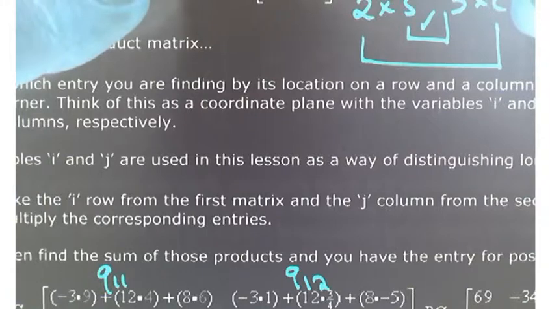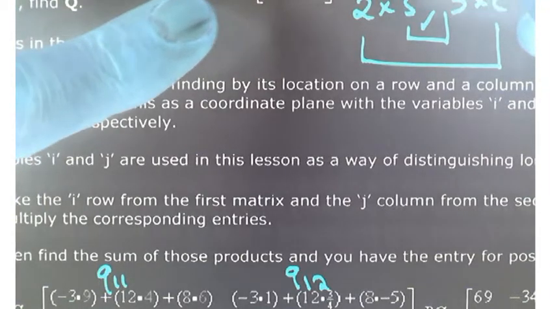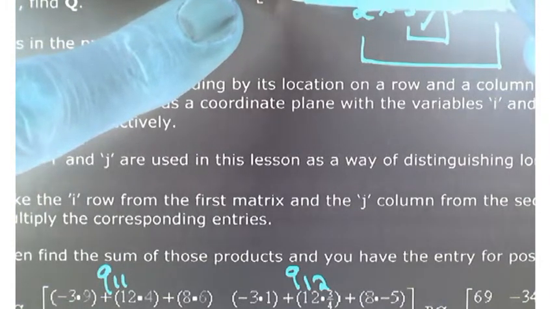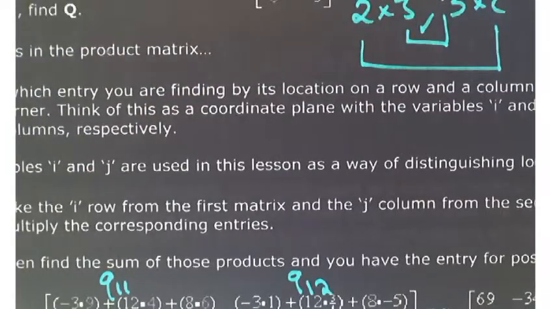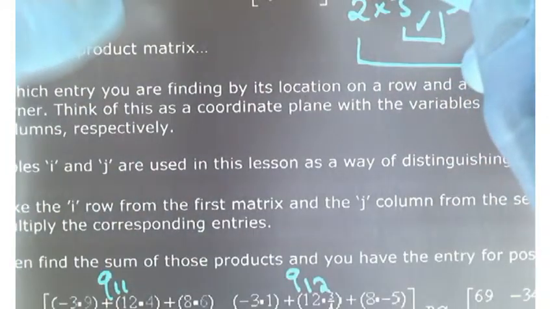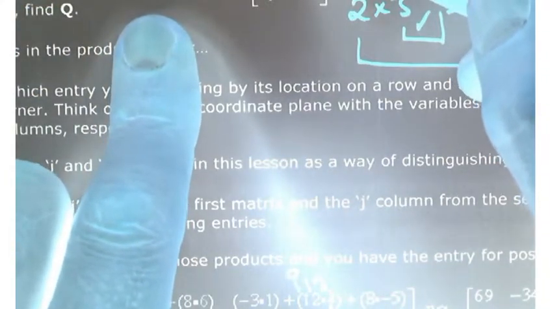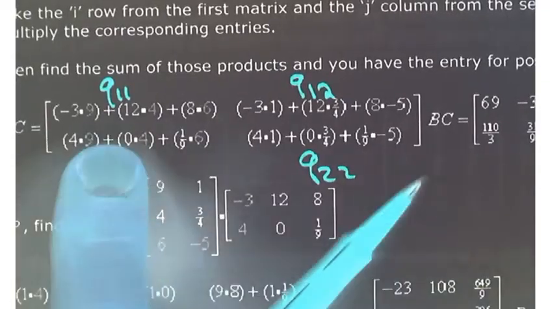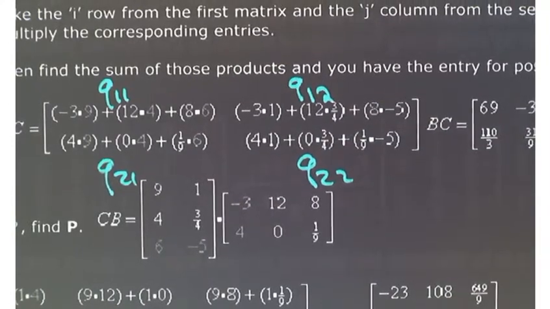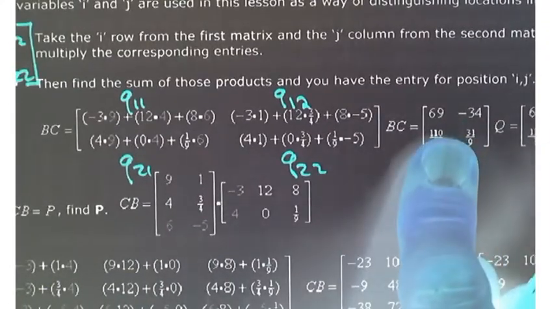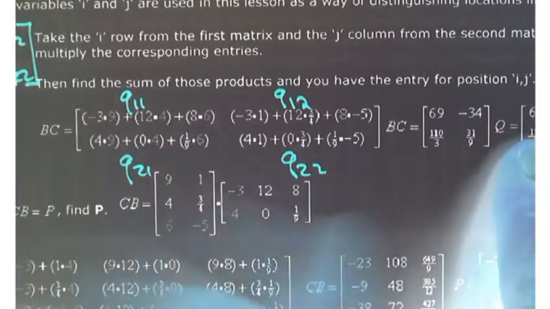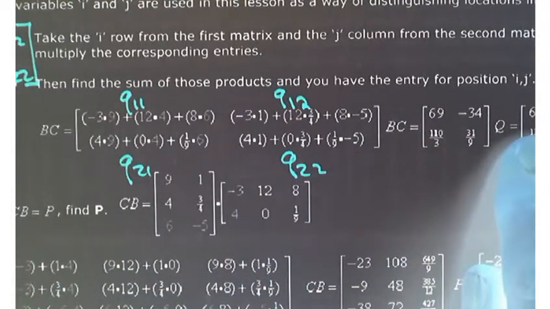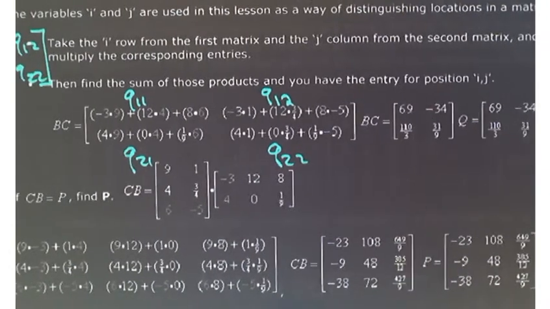It should have been 4 times 9, 0 times 4, and 1/9 times 6. So that should have been Q21. And I accidentally did Q22 just a minute ago. But here it is again. 4 times 1 plus 0 times 3/4 plus 1/9 times negative 5. So that's Q22. When you multiply these things up and add them all up, you get the product, which is your product BC. And you can write BC. They also wrote it as Q. That's fine. It's still the same.